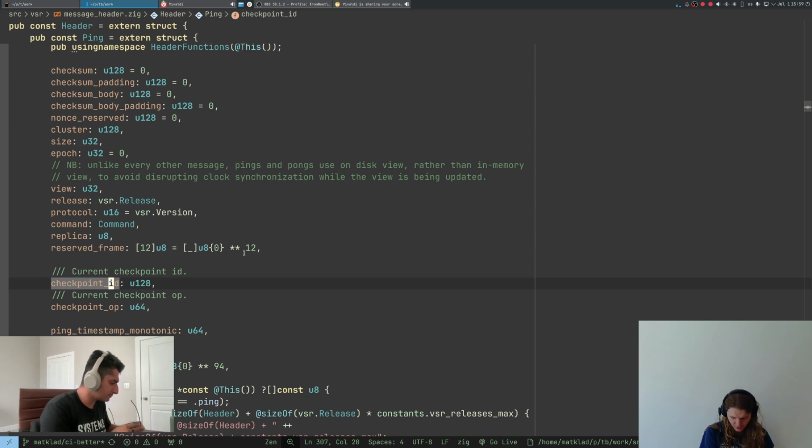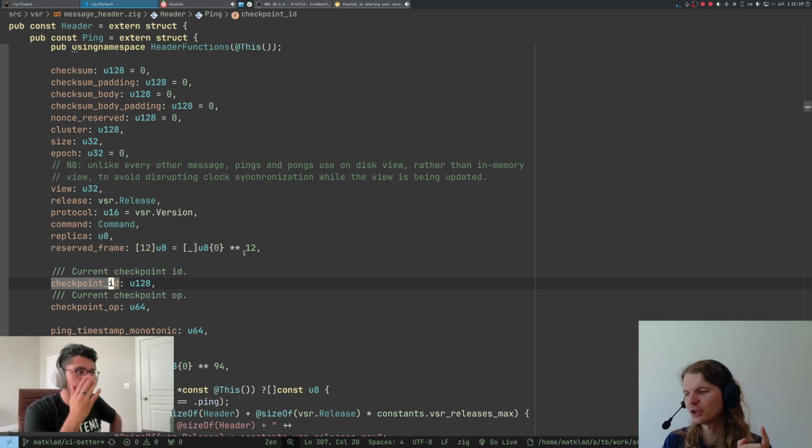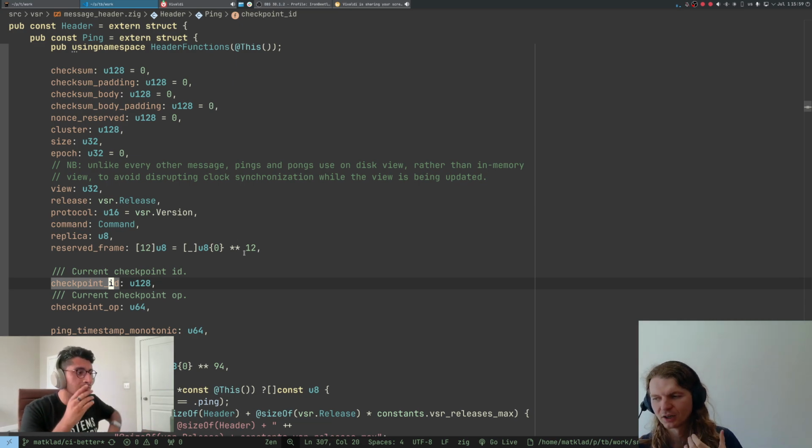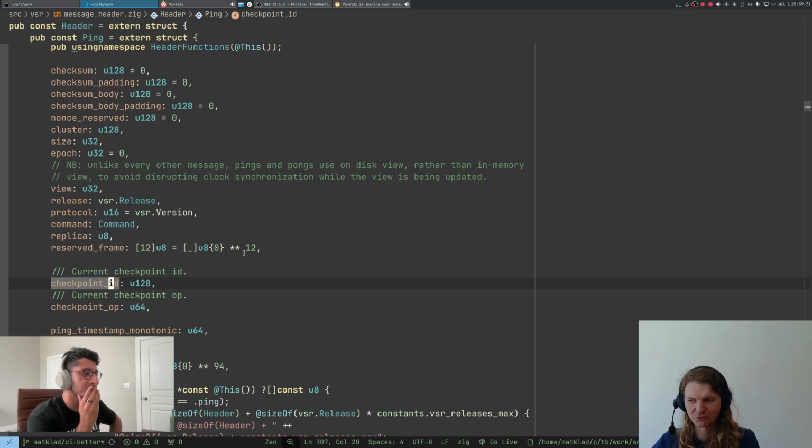In terms of how to implement this, I will need to look, but I think we used to have code which tracked who is on which checkpoint. So at least part of this fix is probably going to be reverting the commit which removed that infrastructure and adding it back.